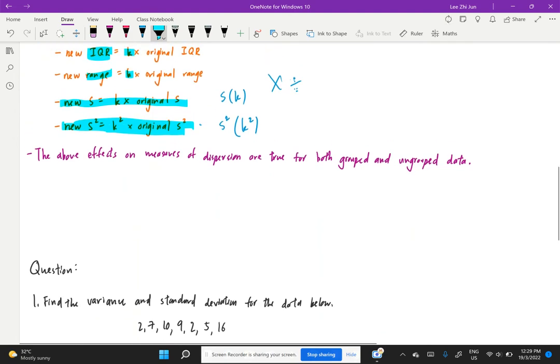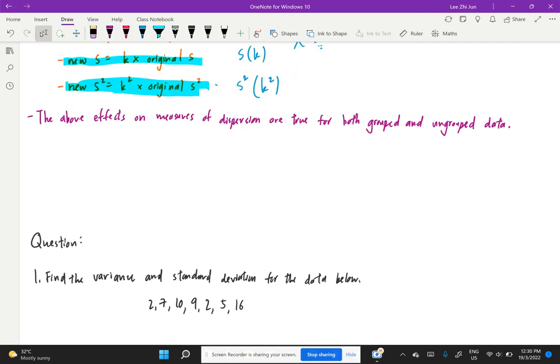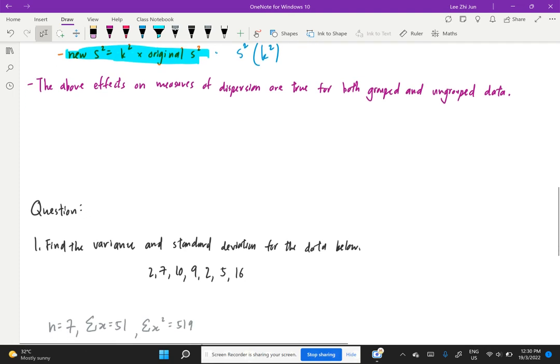So now we go to the ungrouped data first. Question 1, find the variance and standard deviation for the data below. You have seven data. In order to find the variance, you just add 2 plus 7 plus 10 plus 9 plus 2 plus 5 plus 16 equals 51. For the sum of x squared: 2 squared plus 7 squared plus 10 squared plus 9 squared plus 2 squared plus 5 squared plus 16 squared.